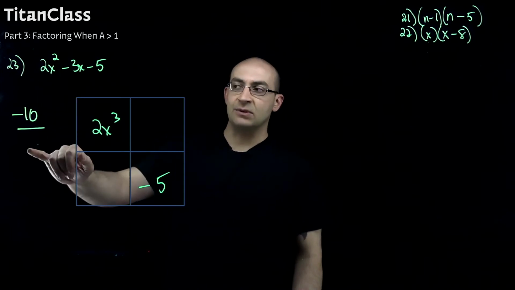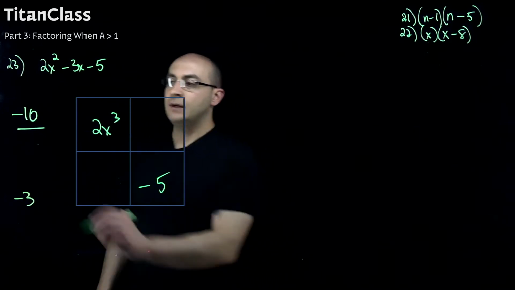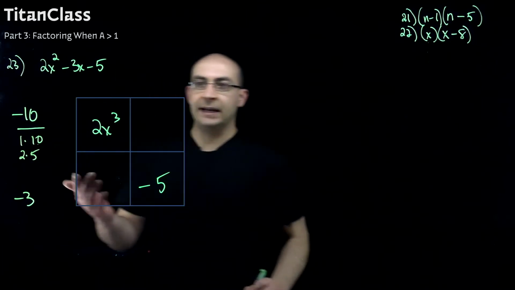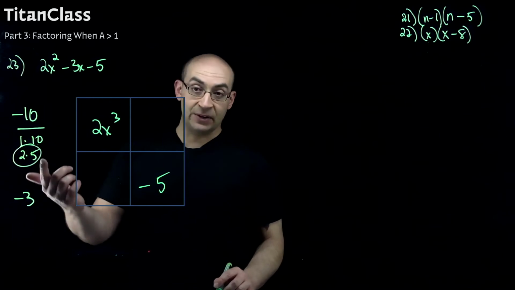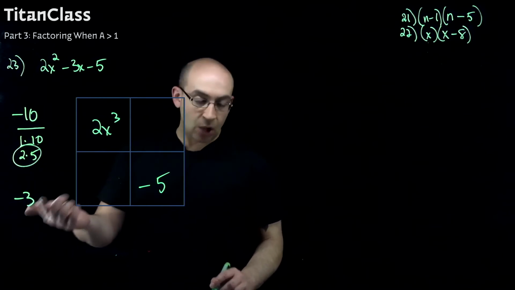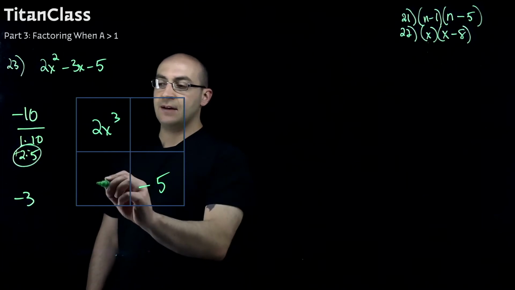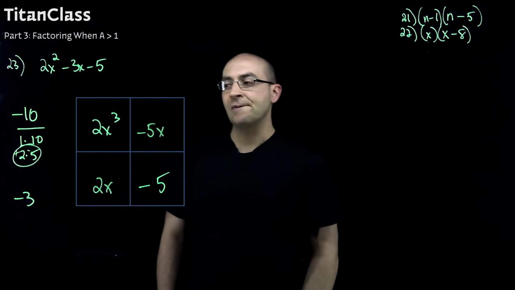Now, I'm trying to find factors of negative 10 that I could use to add or subtract to negative 3. Well, the only factors of 10 are 1 and 10 and 2 and 5. I know I obviously need the 2 and the 5, and the 5, the bigger number, has to be negative because my result is negative, right? So that's a negative 5 and a positive 3. Wait, so we're going to have 2x and negative 5x here, okay?